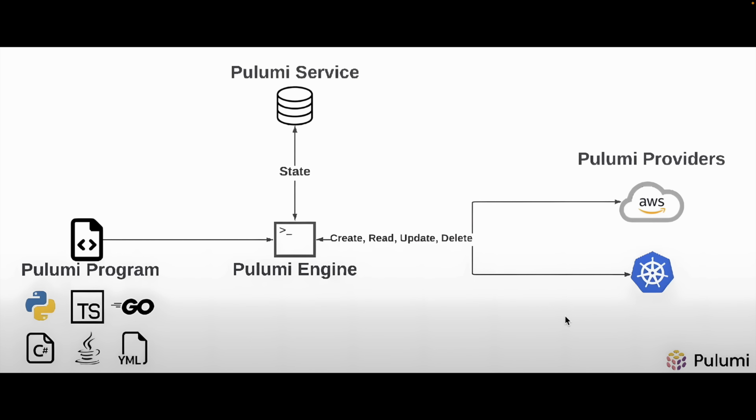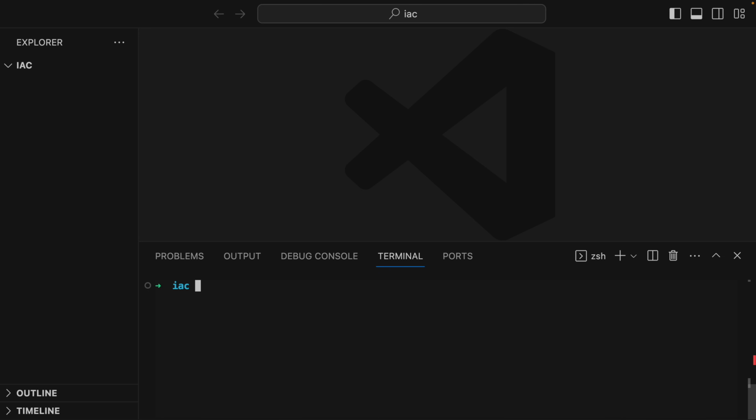For instance, in our example, we mentioned the Pulumi AWS provider and the Kubernetes provider. These providers offer support for a multitude of public clouds, software as a service providers, and other platforms. This vast array of providers ensures that users can leverage Pulumi's declarative approach to manage resources across a broad spectrum of services. Now I'll give a brief example on how to use Pulumi, and then we'll see how to use the AI features.